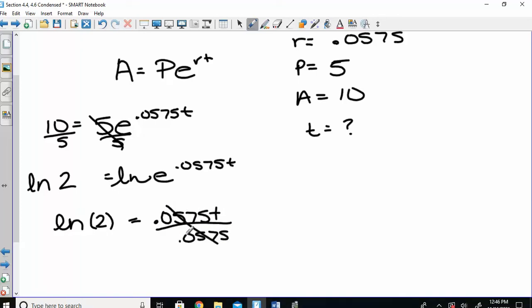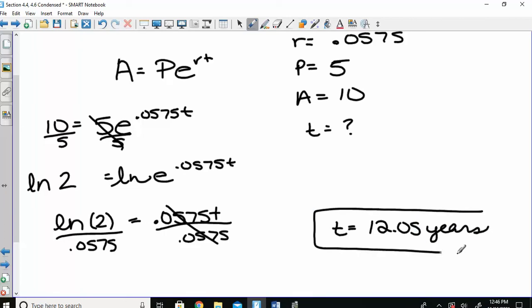So divide. My time turns out to be 12.05 years. So just slightly over 12 years until we double our investment.